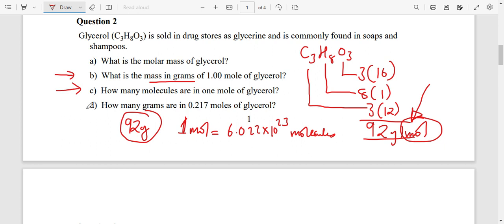Okay. And then for part D, how many grams are in 0.217 moles? Now you already know that you have 92 grams per mole. So simply multiply by the moles given, 0.217 moles. You are going to find how many grams there are. So the moles units are going to cancel out.